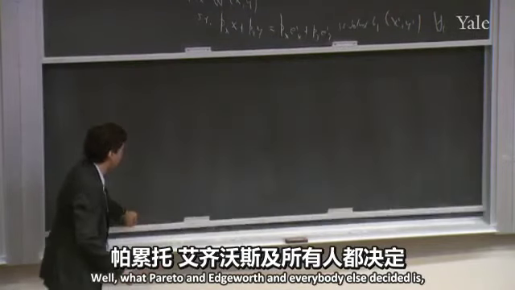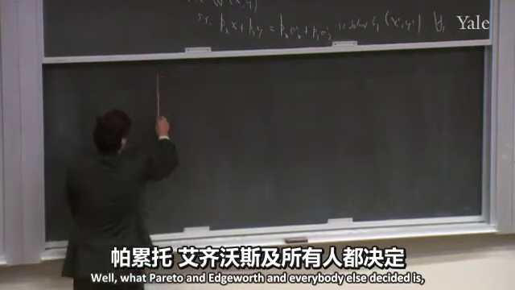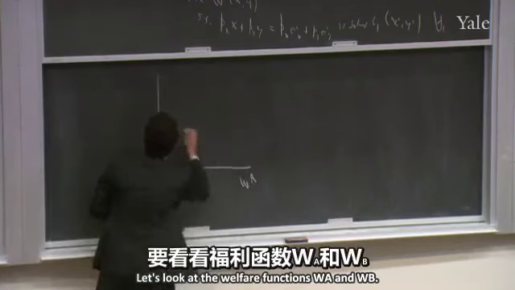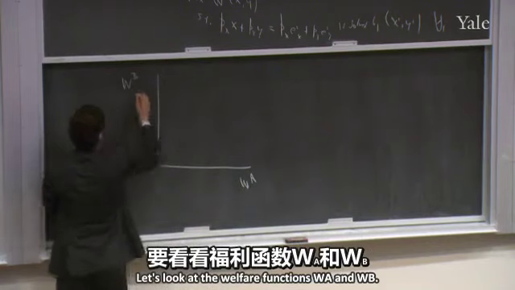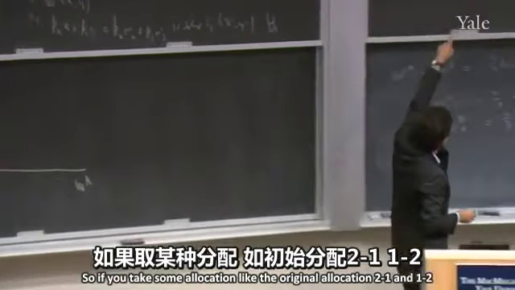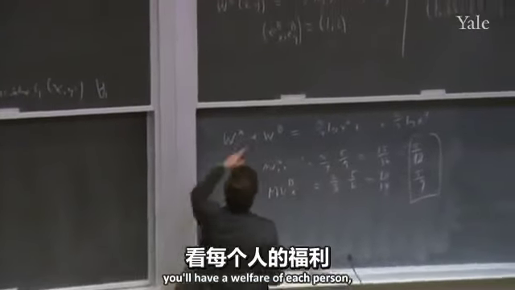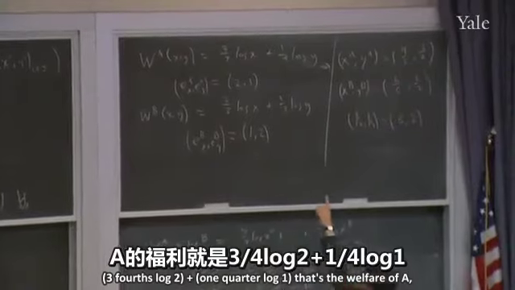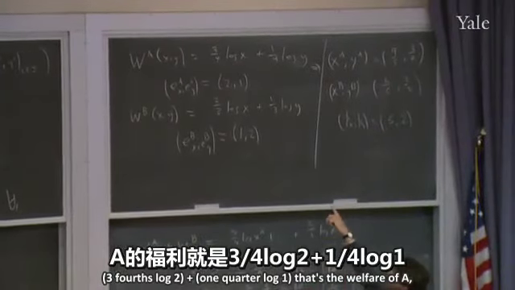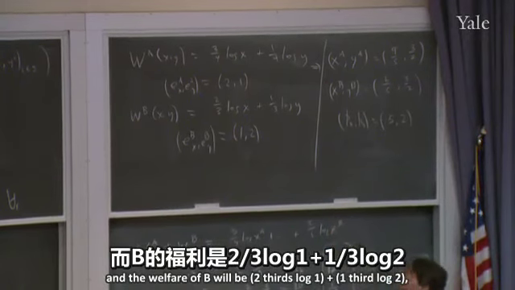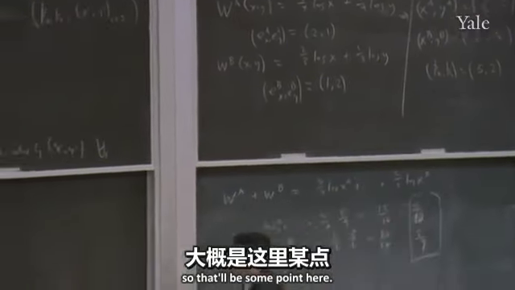Well, what Pareto and Edgeworth and everybody else decided is let's look at the welfare functions, WA and WB. So if you take some allocation, like the original allocation, 2, 1 and 1, 2, you'll have a utility, a welfare of each person. 3/4 log 2 plus 1/4 log 1. That's the welfare of A, and the welfare of B will be 2/3 log 1 plus 1/3 log 2. So that'll be some point here.